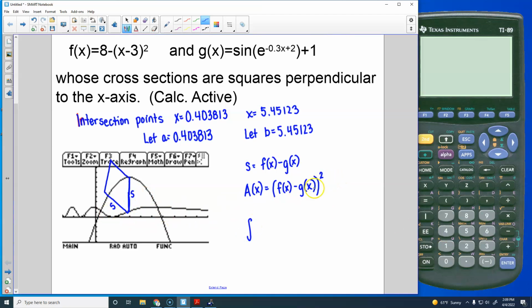Because our squares are perpendicular to the x-axis, that tells me we're doing a dx problem. We will integrate from our x-coordinate here, which is a, to our x-coordinate here, which is b.